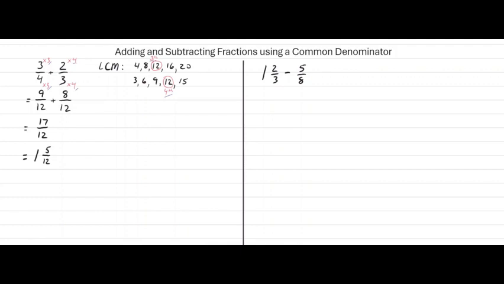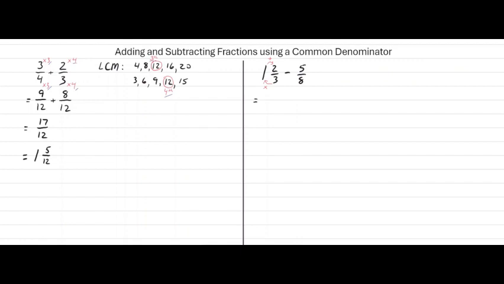Okay, now we're going to move on to our second question. We're going to do a little subtraction. So now we've got a mixed number, and we're going to take 5/8 away from that. Before we begin, we should make sure that the mixed number is an improper fraction. So the first thing we're going to do is convert it. A quick way to do it is take your denominator, multiply it by the whole number, and then add the numerator on top.